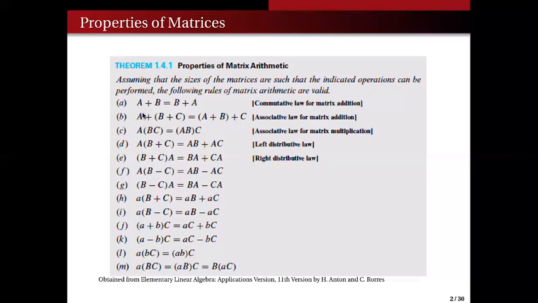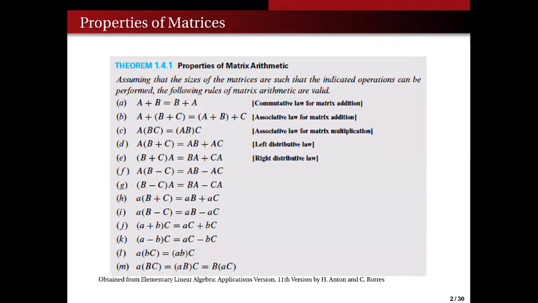Now, there is no commutative law for matrix multiplication. As you can see, for A and B, I had the commutative law for matrix addition and then the associative law for matrix addition. But for letter C, we immediately state the associative law for matrix multiplication. That's because there is no commutative law for matrix multiplication.